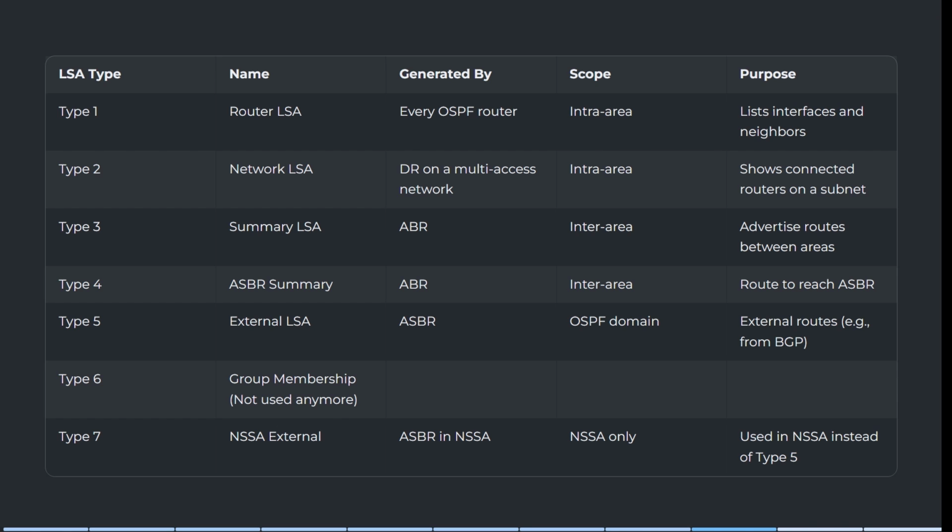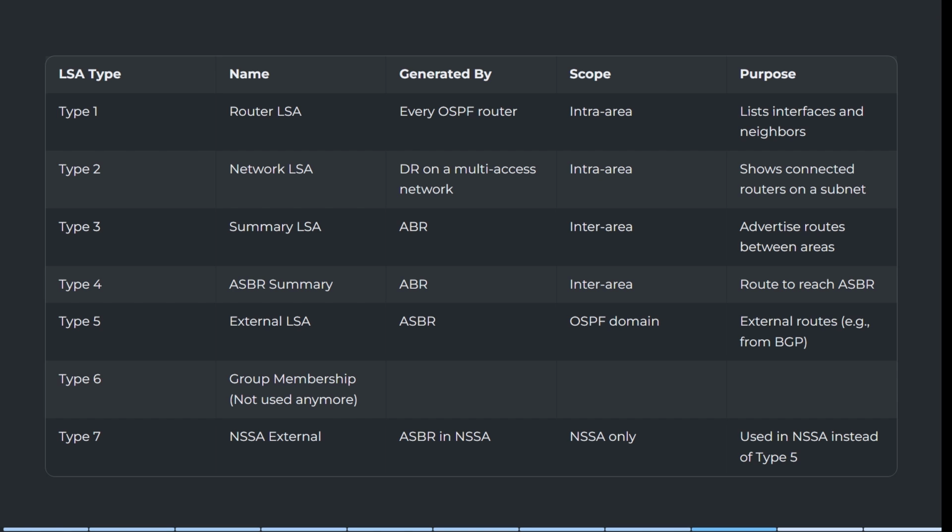LSA Type, name, generated by, scope, purpose. Type 1, Router LSA, every OSPF router, lists interfaces and neighbors. Type 2, Network LSA, DR on a multi-access network, shows connected routers on a subnet. Type 3, Summary LSA, ABR, inter-area, advertises routes between areas.